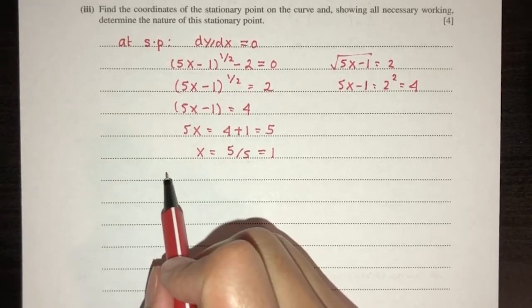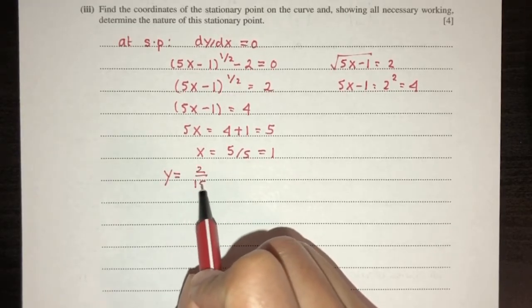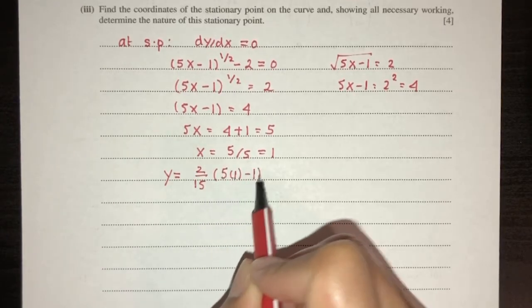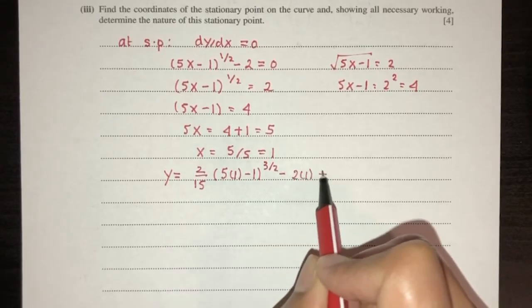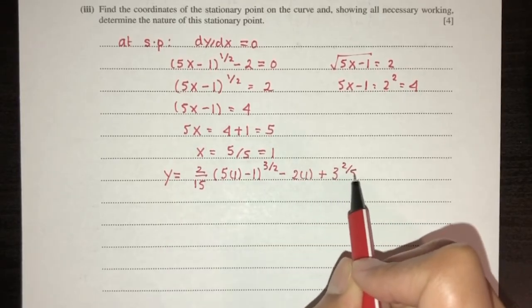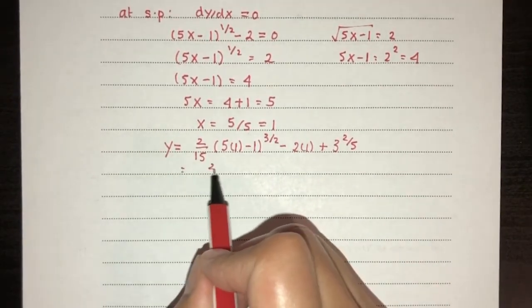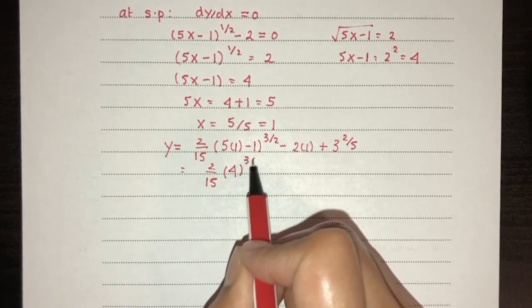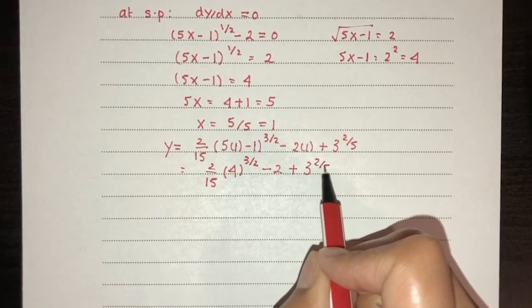What is the y value? Going back to the equation, y is 2 over 15 (5x minus 1) power 3 over 2 minus 2x plus 3 2/5, with x equal to 1. So let's solve. You will have 2 over 15 times 4 power 3 over 2 minus 2 plus 3 2/5.